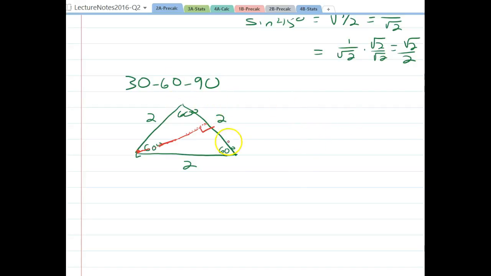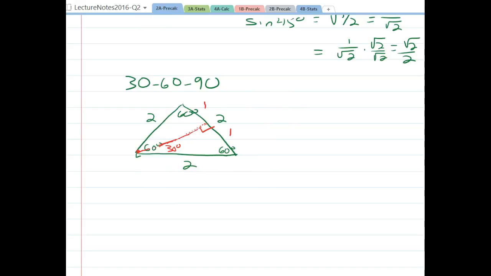What that's going to do, and you probably know this from geometry, is that if it's an equilateral triangle, this length of 2 is going to be split into 1 and 1. This angle of 60 degrees is now cut in half, and it's now a 30-degree angle. So I have just created a 30, 60, 90 triangle where one of the sides is length 1 and the hypotenuse is length 2.